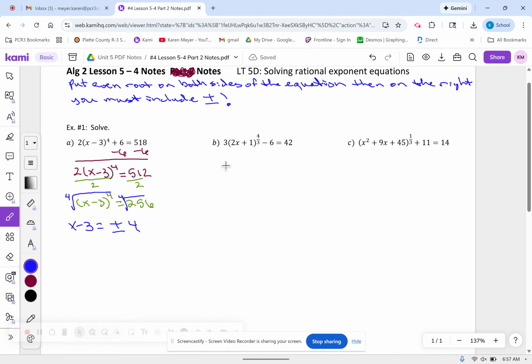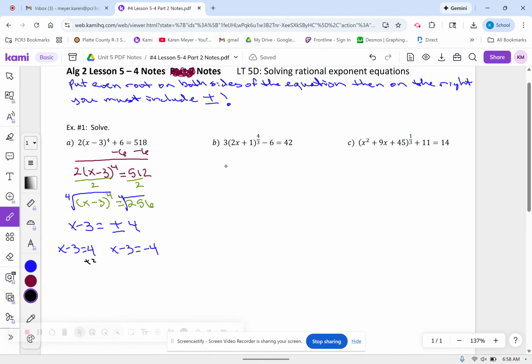And because it's plus or minus, you should split that apart. So then we're going to think of it as x minus 3 equals positive 4, and x minus 3 equals negative 4. So then we're going to come up with our 2 answers.